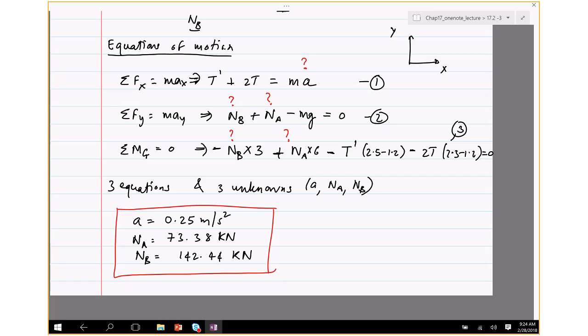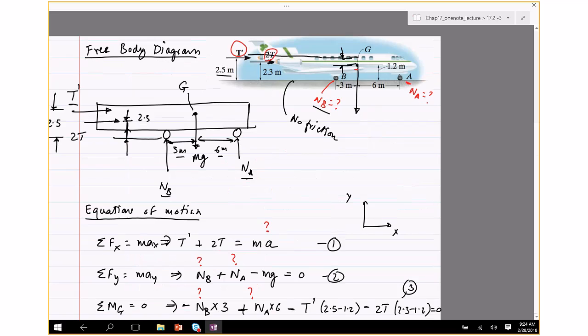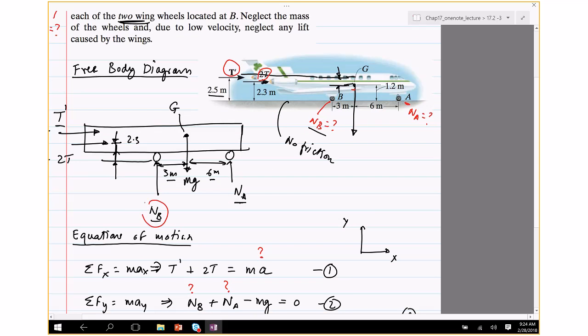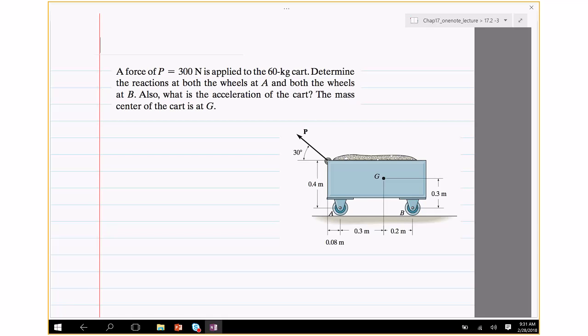But that NB in this view is just NB, and it is shared by both wheels. So I'll just take half of that. If I had asked you to find the reaction force on each of the two wheels, I'll just take NB divided by 2, and that is the force on each of those two wheels. That's it. Any other questions?